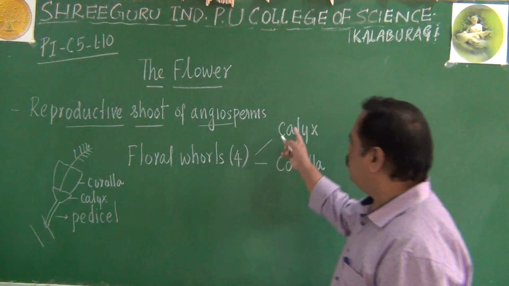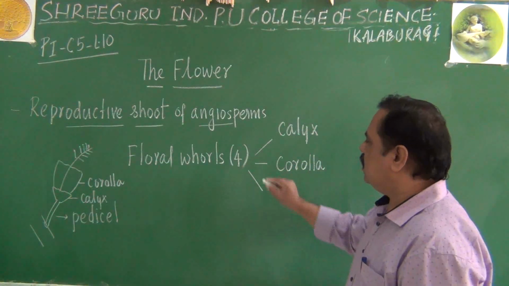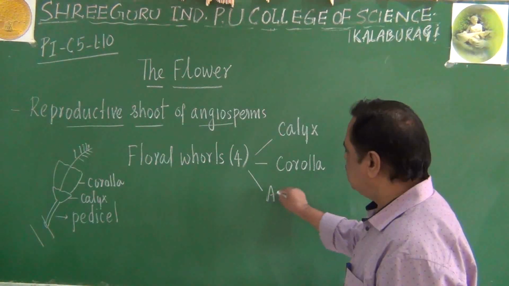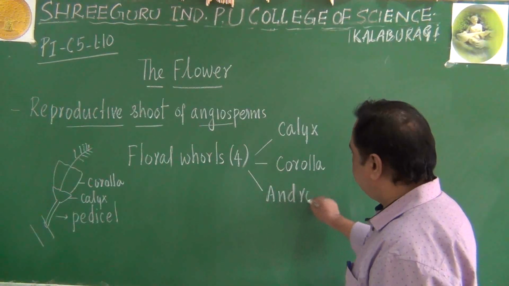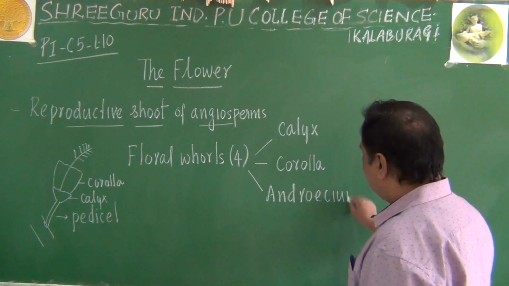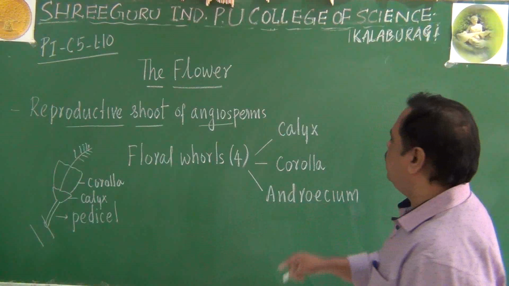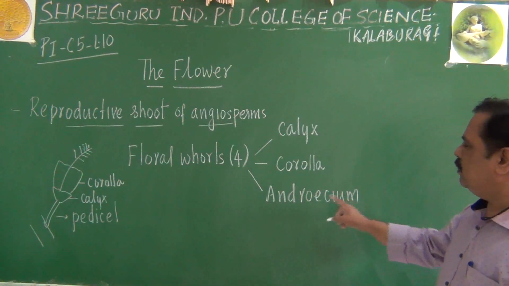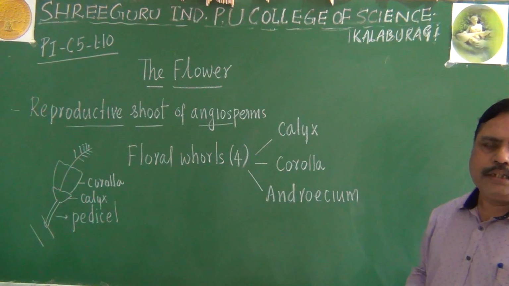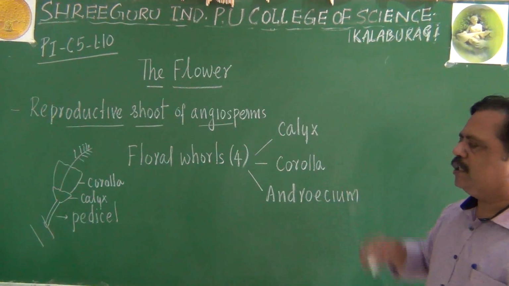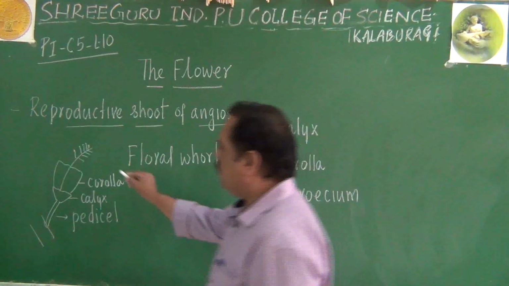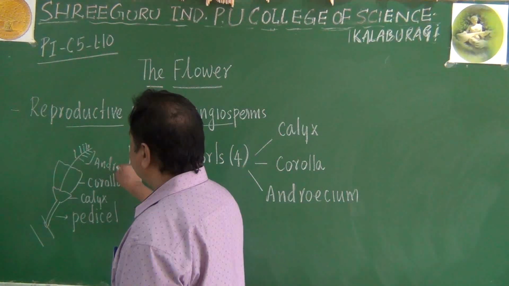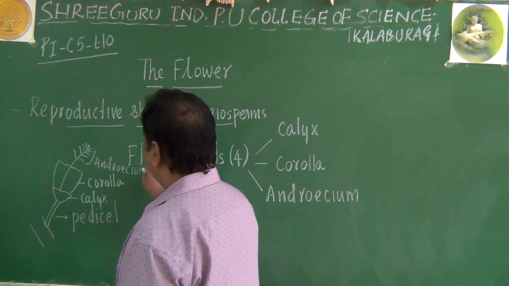Okay, that was calyx and corolla. The third part of the flower is known as the androecium. You have to remember this. A-N-D-R-O-E-C-I-U-M, it is called androecium. This part in hibiscus is known as the androecium.